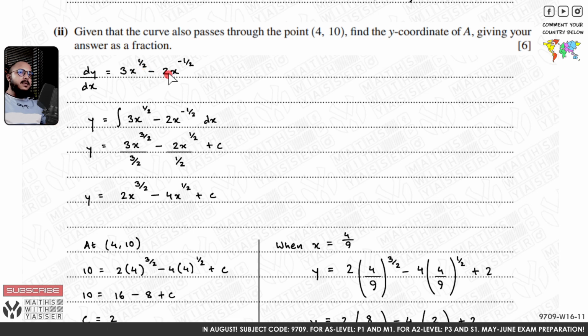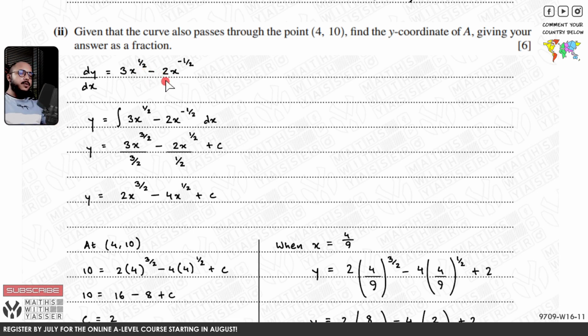Now let's integrate this equation, which will help us to get the equation of the curve. By integrating, we get: half plus 1 is 3 by 2, and in the denominator it will also be 3 by 2, minus 2x to the power of minus half plus 1, which is just half, over half, plus c.